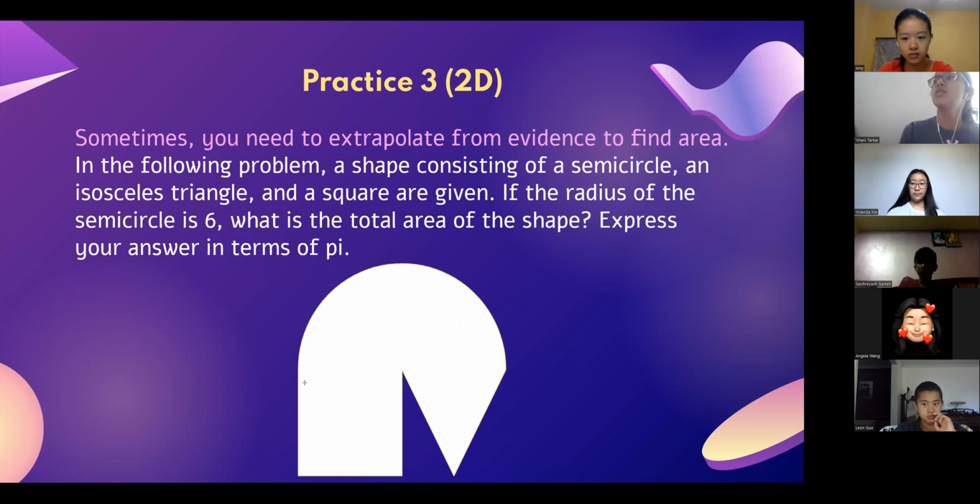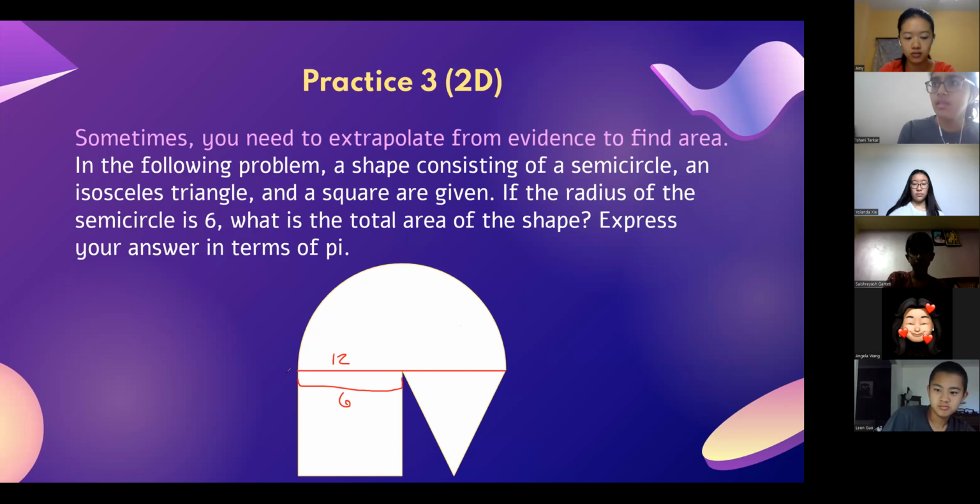Okay, the shape consists of a semicircle, an isosceles triangle, and a square. We can use this line to divide everything into the 3 parts, right? We know the radius of the semicircle is 6, so this entire red length is just 12. And we know that this is 6, since that is the radius.